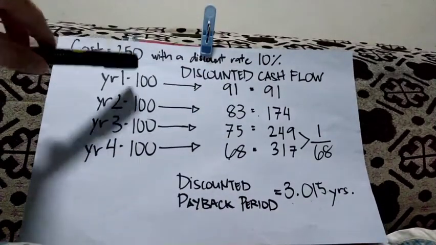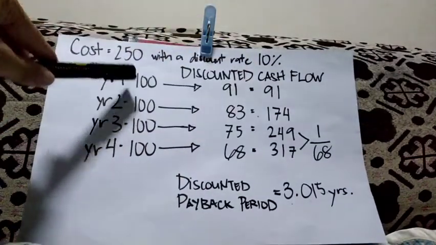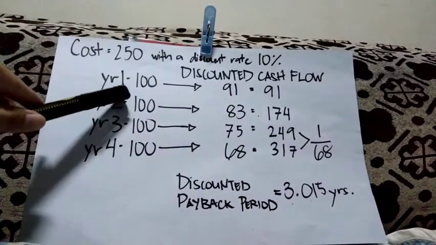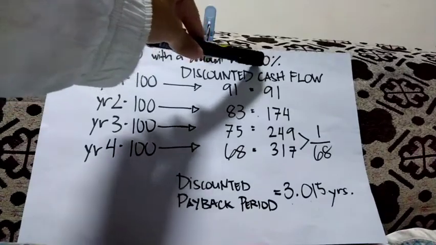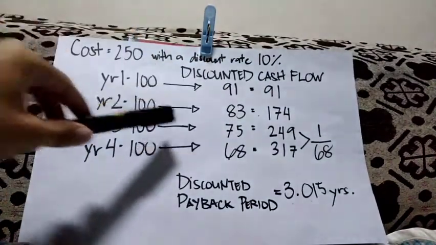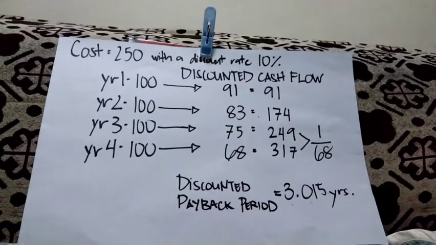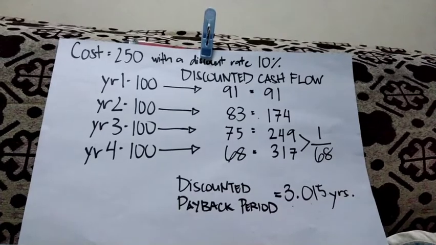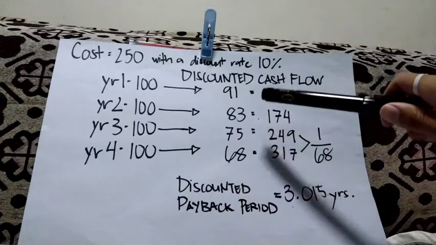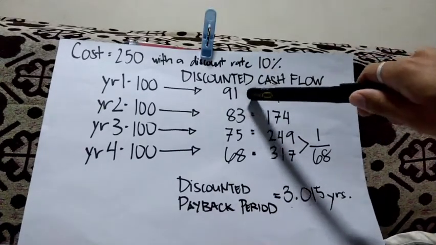So in year 1, 100 over 1.10 raised to 1, because it's 1 year, equals 91. In year 2, 100 over 1.10 raised to 2, because it's 2 years, equals 83, and so on and so forth. So now there's a list of discounted cash flows: 91, 83, 75, 68.